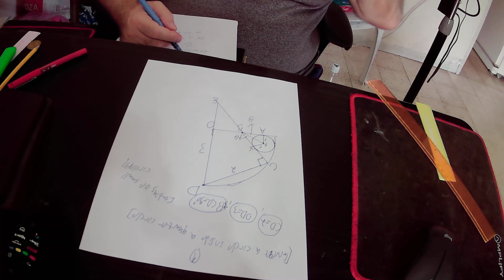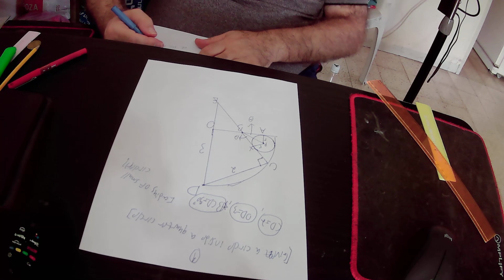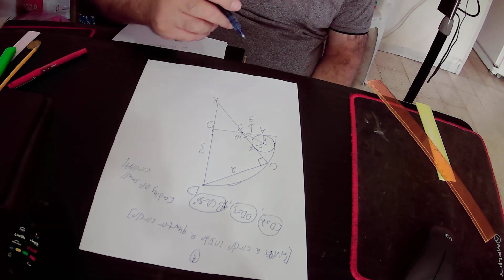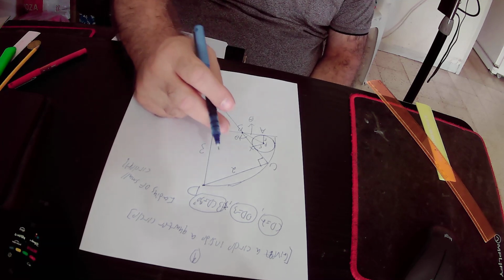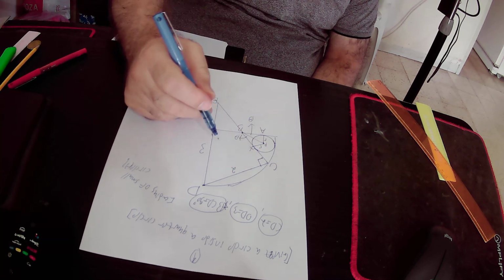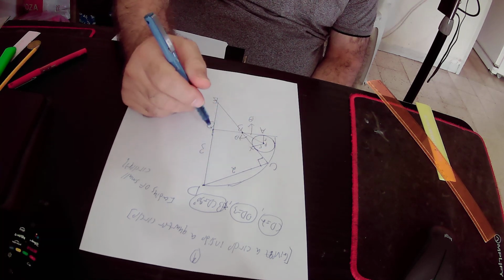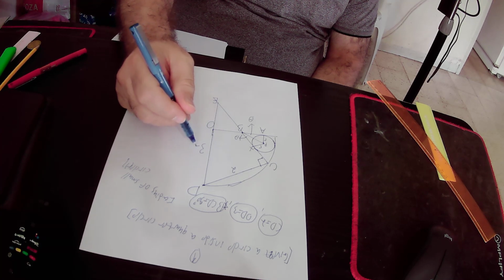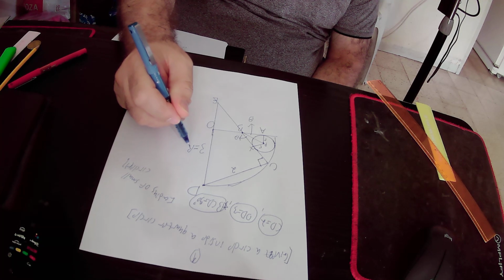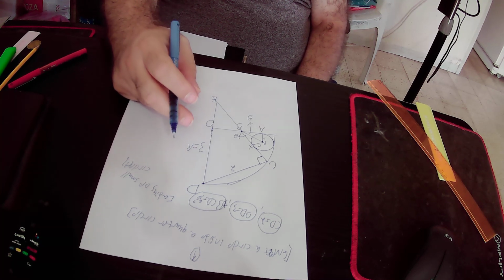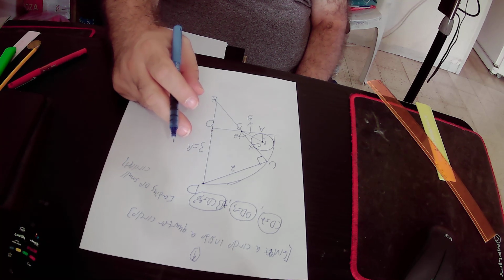Therefore, DE equals 2R, and because this is a quarter circle, DO must be the radius of the quarter circle, so it equals capital R, and we know that DE equals 2R because it is the diameter of the quarter circle.